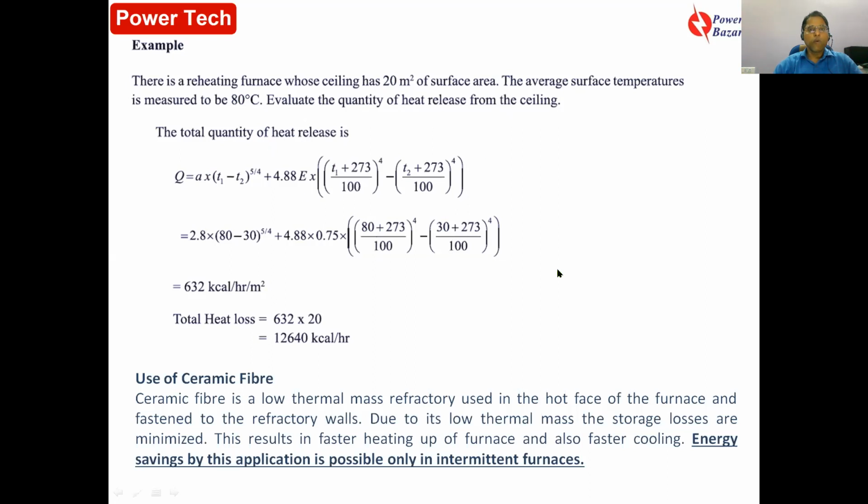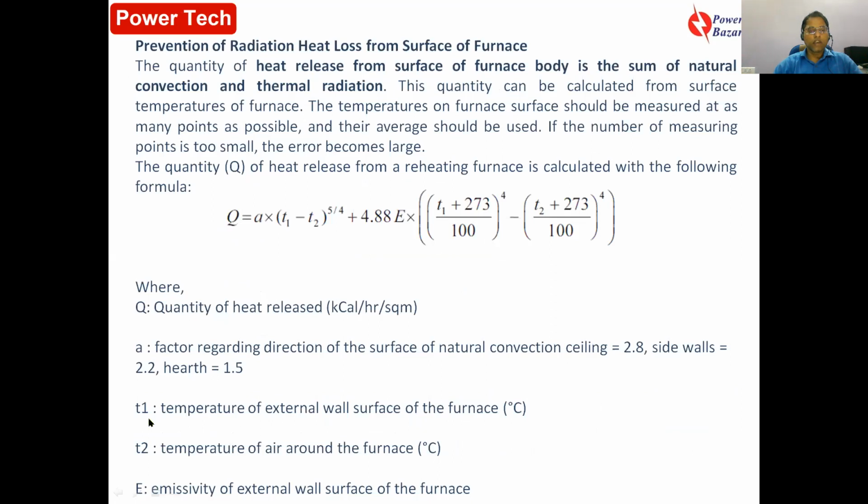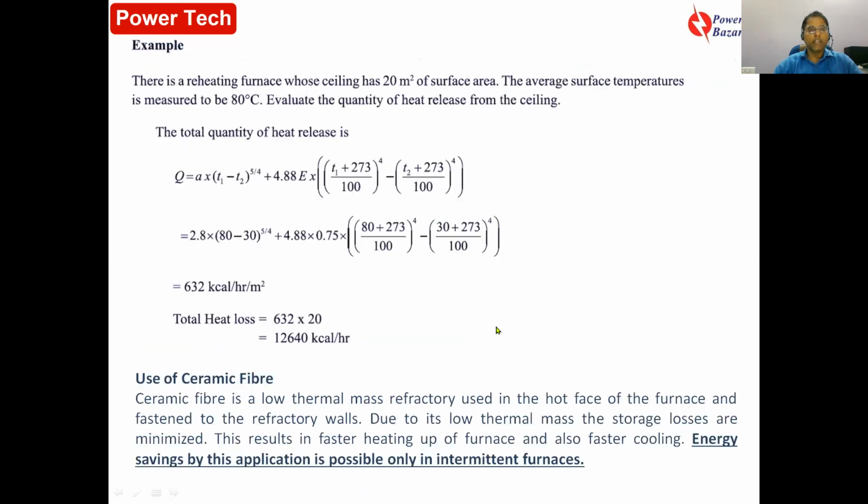For ceiling, A is 2.8. So 2.8 times (80 minus 30) to the power 5/4 is the convection loss in kilocalories per hour per square meter, and the radiation loss will be 4.88 E. The E factor is not known, but if you have studied, the emissivity of a heating furnace metal surface is around 0.75. You can remember it, or this data needs to be given in the problem.